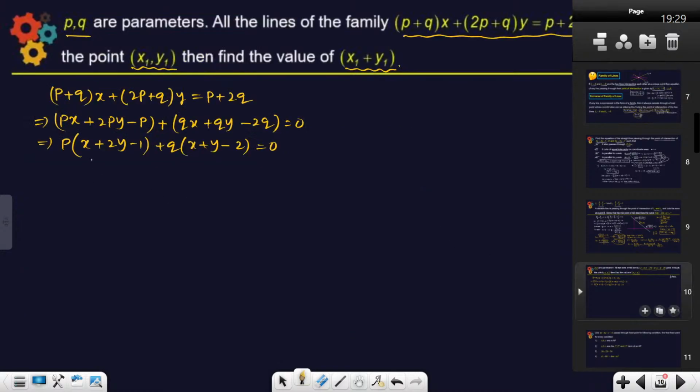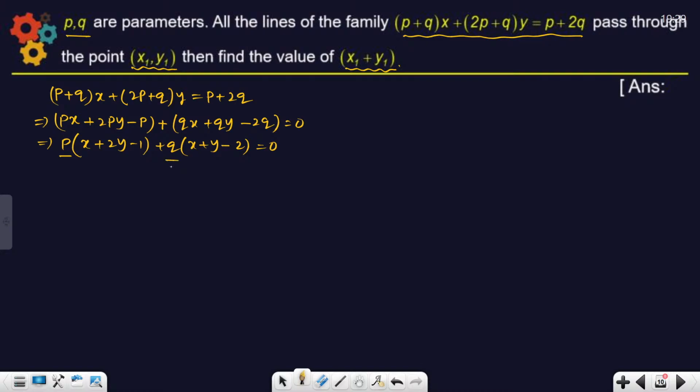So in this case, we can easily see that P and Q are the two parameters. So what will we say? You will say that this family of lines is passing through a fixed point, and that fixed point is nothing but the point of intersection of these two straight lines. Is it clear? Now, simply solve these two equations to get the point of intersection.